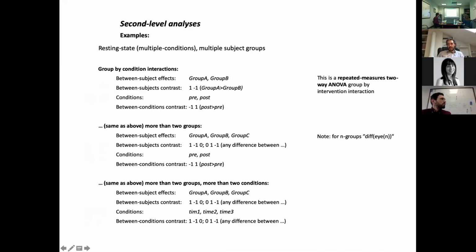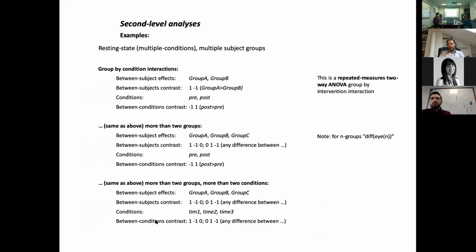So basically the answer is yes, you can always break it down and specify the within subject contrast a priori, but sometimes you don't want to be that explicit and cover all potential ways of contrast. It's a little bit redundant, but you can also specify the within subject contrast in the second level model, and that gives you the additional flexibility of entering multiple sets of contrasts into the same analysis.